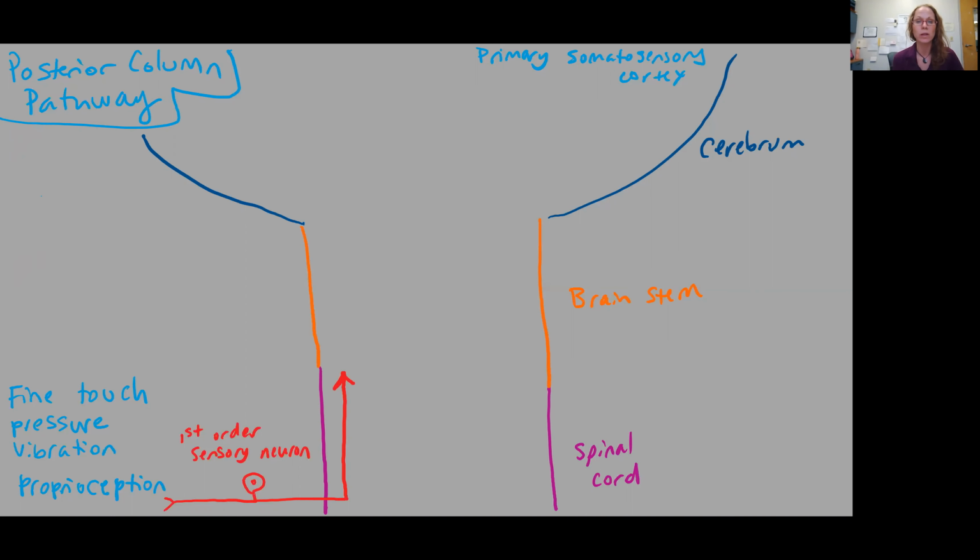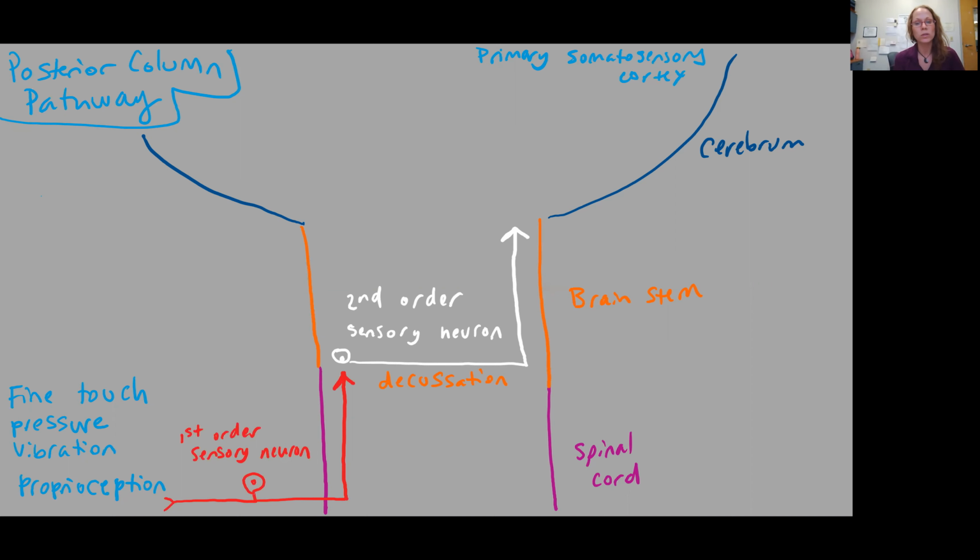So of course it's traveling in through the posterior root, and it's coming into the back portion, the posterior gray horn of our spinal cord, and then it's going to, in this case, travel up that posterior column pathway, where it's then going to synapse onto a second order sensory neuron at the brainstem, and it's going to be the job of the second order sensory neuron to decussate, or cross from one side to the next.